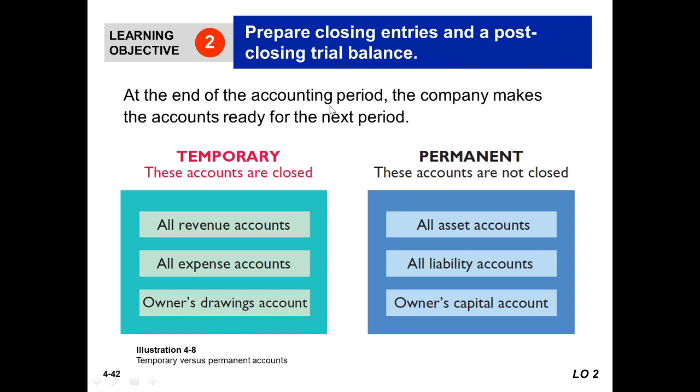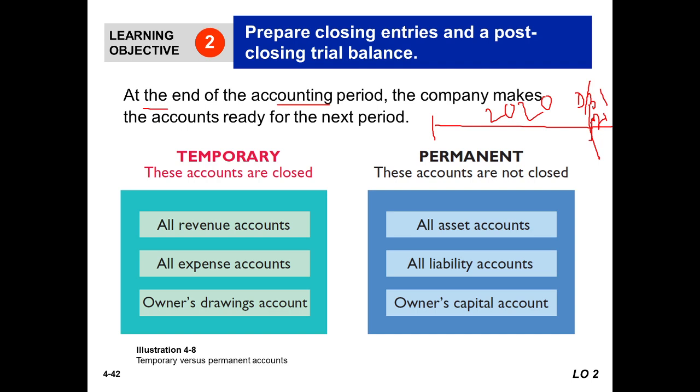At the end of the accounting period, the company makes the accounts ready for the next period. Suppose this is the accounting period 2020, ending December 31st, and then 2021.